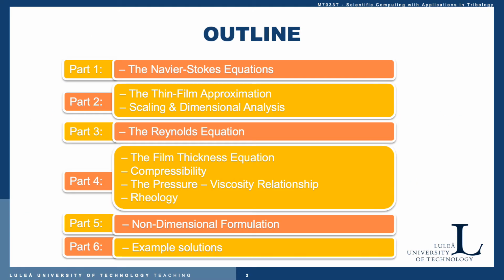This is the outline of the video lecture on thin film flow modeling and simulation. Here in part 1 we're going to formulate the Navier-Stokes equations, and then in part 2 we will see what the thin film approximation is, and we will carry out scaling and dimensional analysis to obtain it.